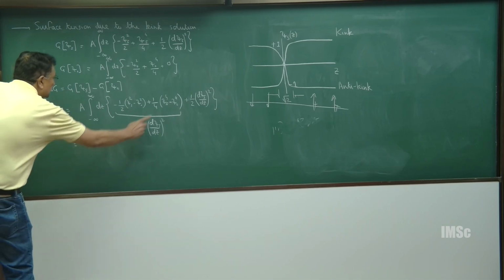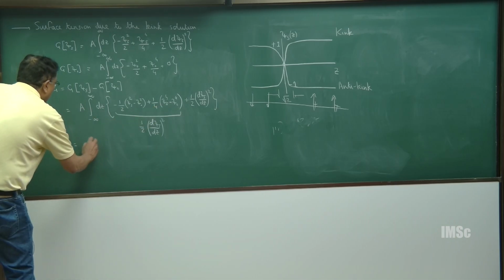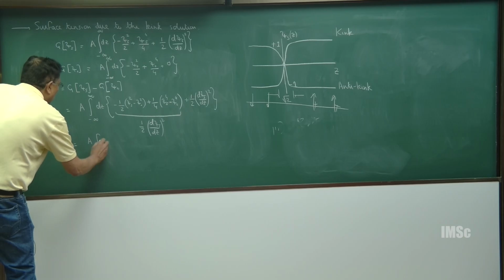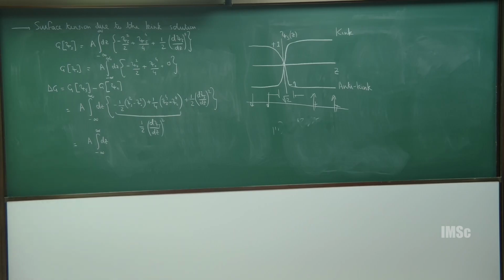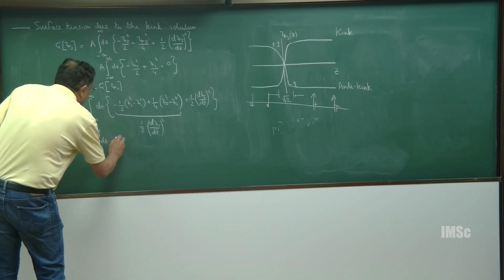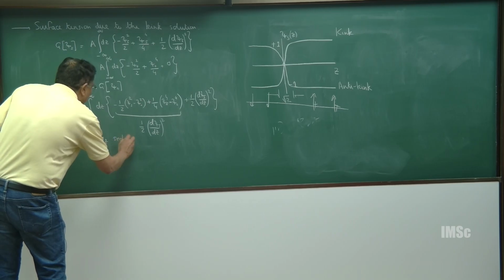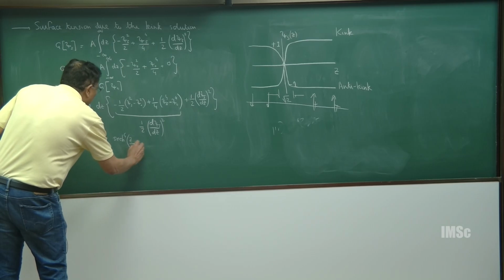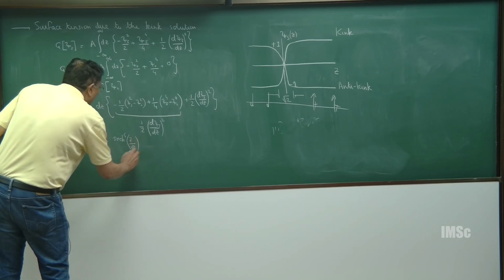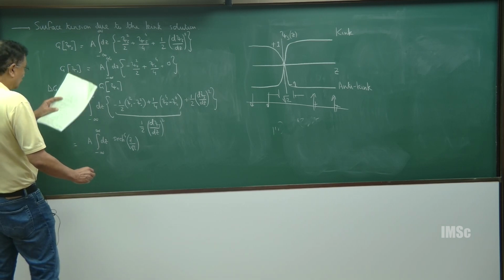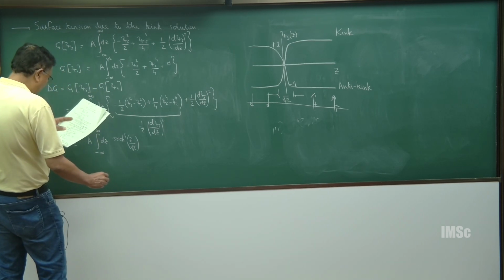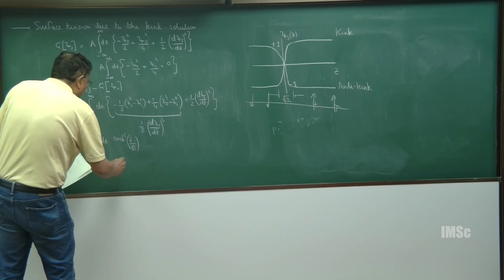So, this expression combines with that expression and it gives an integral from minus infinity to plus infinity. d psi s over dz is just the derivative of tanh z, which is sech squared z divided by root 2, and then you will get an overall factor of 2 downstairs.